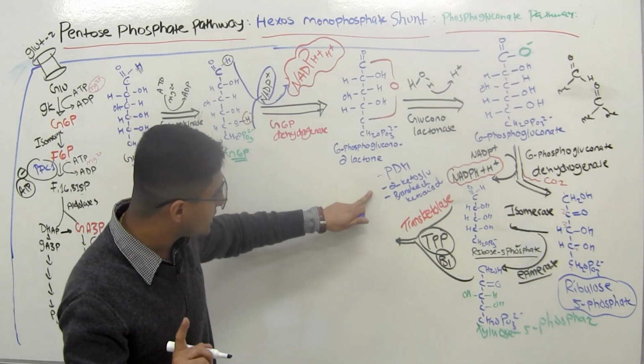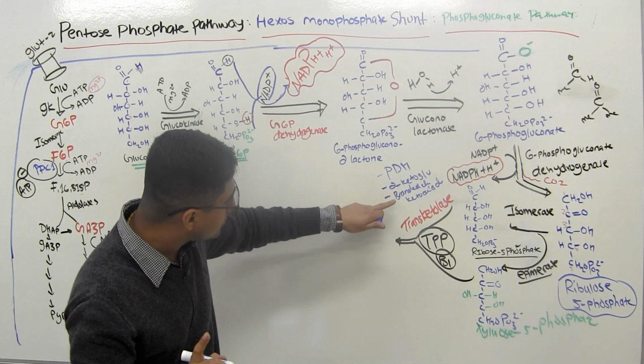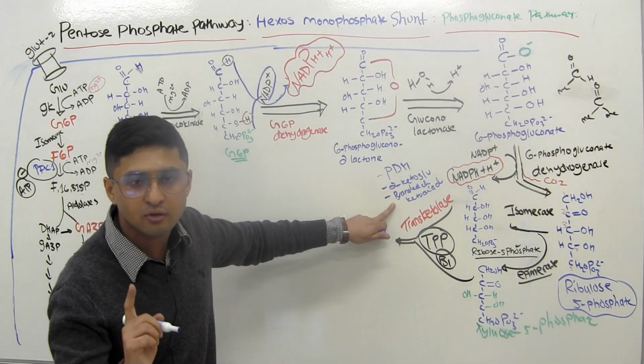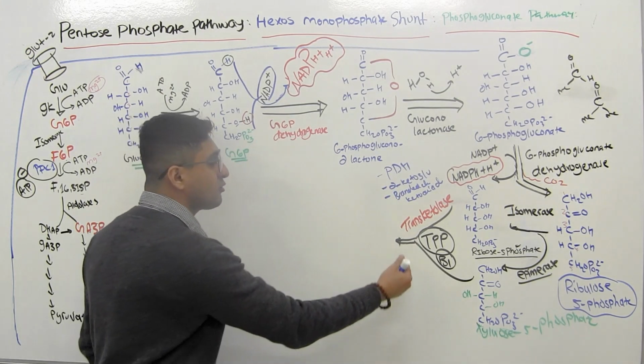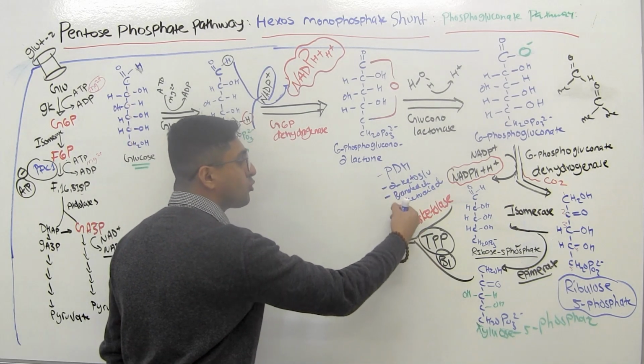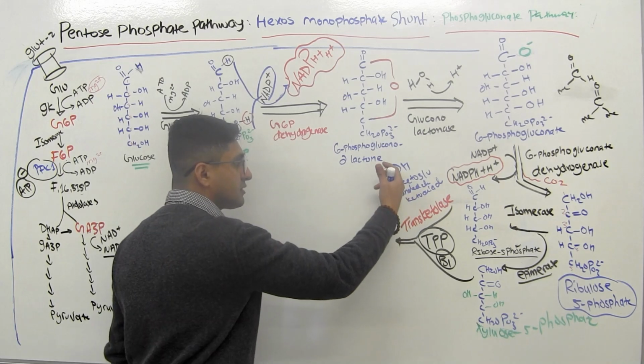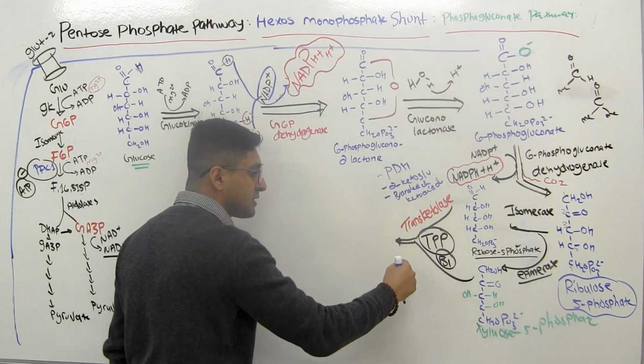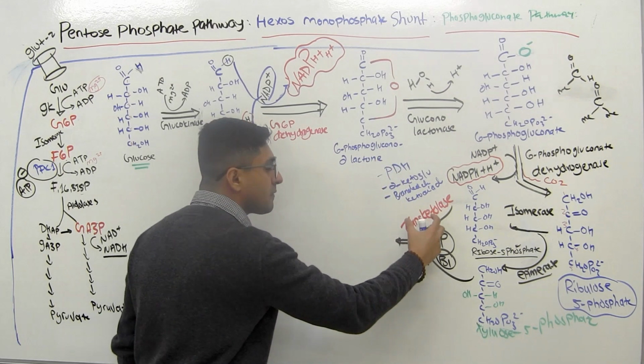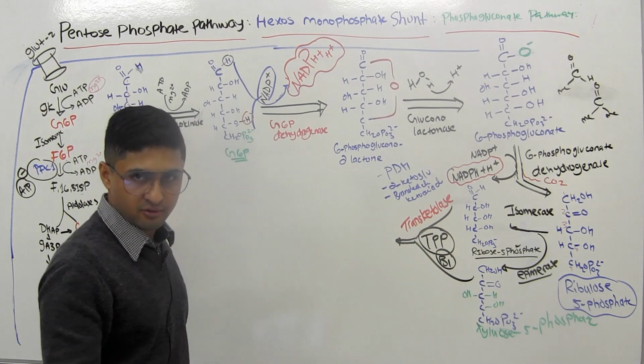But one of the exceptions is that this PDH, alpha-keto, and branched-chain, they all require not only thiamine pyrophosphate, but they also require FAD plus coenzyme A. Like they require all those, the tender loving care for Nancy, all of those. But this transketolase only requires thiamine pyrophosphate, all right?